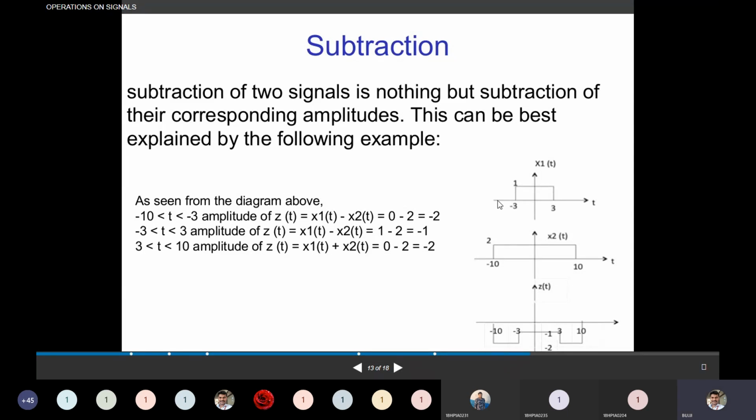In this range, 0 minus 2, minus 2 is the amplitude. From minus 3 to 3, the amplitude is 1 minus 2, minus 1. For 3 to 10, 0 minus 2, the amplitude is minus 2.